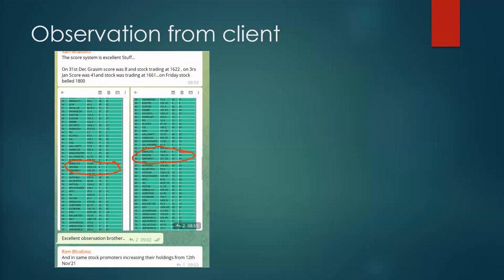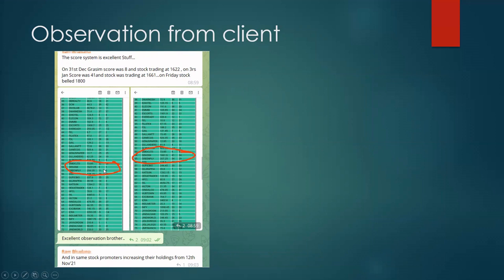There is some good observation from a client, one of our group members in the Telegram. He was observing this score system very keenly, and he notified us of the impact of the score. This is just an example, but you can make your own. Grasim was trading at 1622, and the score was 18, and the previous score was 8.